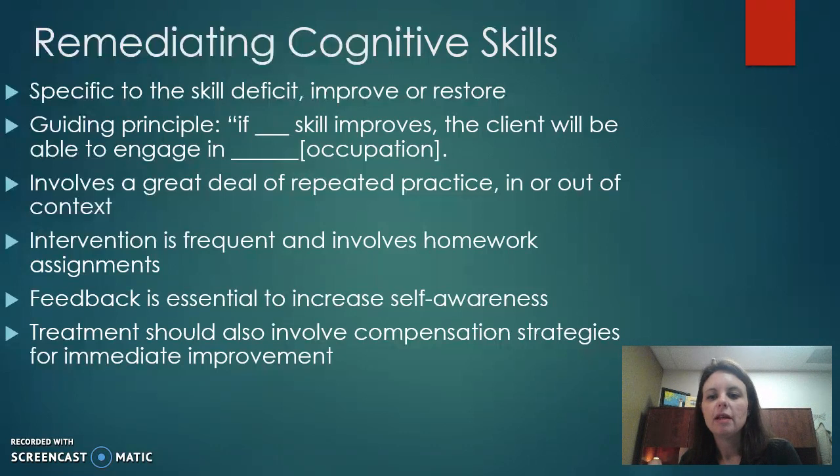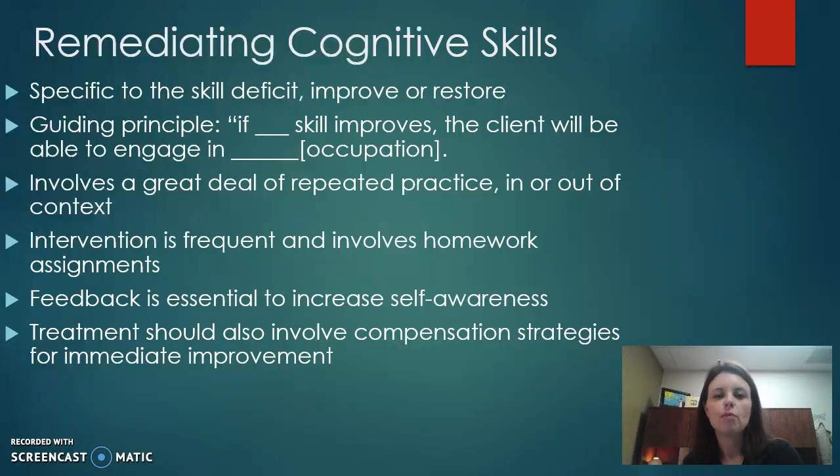This might involve repeated practice, both in and out of a specific context. It might involve homework, specific strategies for remembering information, or tying one set of activities to the next in order to complete that routine. It often involves some self-awareness, and the way that we get to self-awareness is to redevelop someone's private speech, that kind of internal narrative you use to walk yourself through your activities.